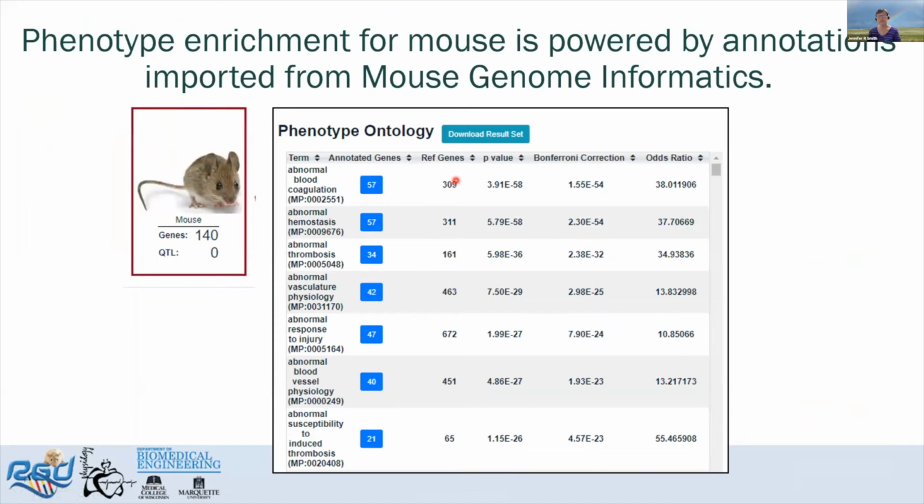If mouse is selected as the species, the mammalian phenotype ontology enrichment can be done, and the phenotype enrichment is powered by annotations imported from Mouse Genome Informatics. The annotations are manually curated from the literature and also assigned based on high-throughput phenotype screens, which provides a substantial amount of data, and that increases the statistical power of the analysis.